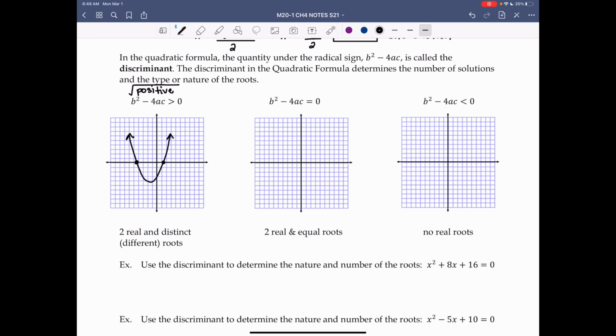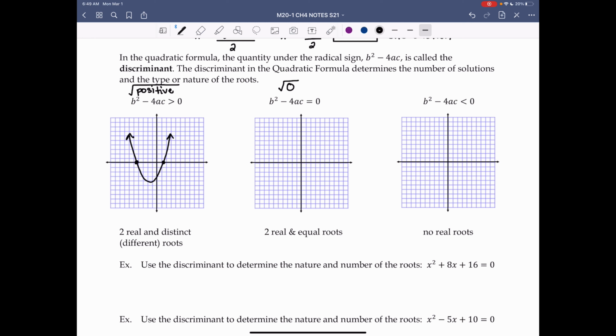If the discriminant is equal to 0, b squared minus 4ac equals 0, so we have the square root of 0, then we're going to get two real and equal roots. Really, we just say that we have one root because the two real roots are the same. So two roots that are exactly the same, we can just say that it's one solution.